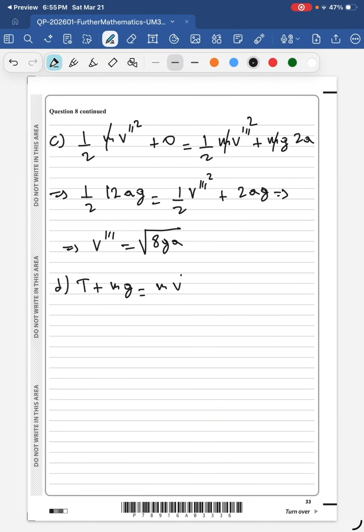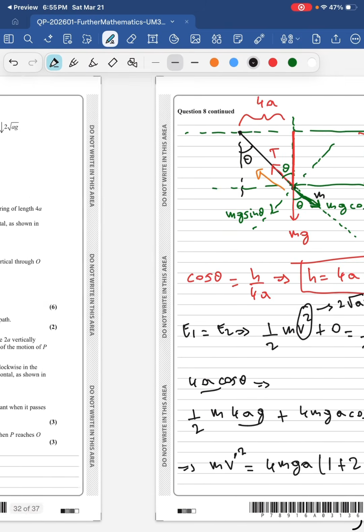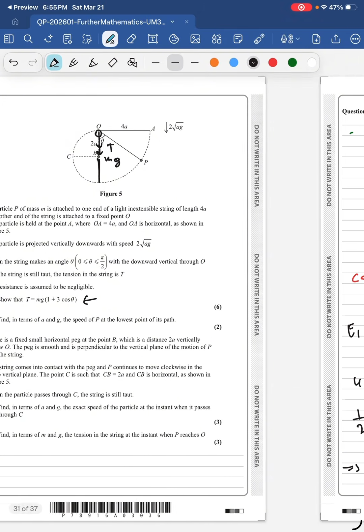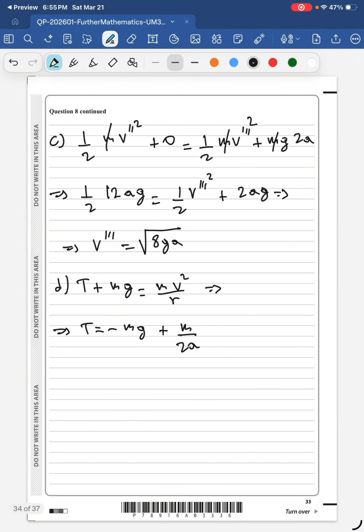So T is going to be minus mg plus m over 2a times v squared. This changes now: r is 2a, because this radius becomes smaller, half of what it was before. And we take v to be 2 times the square root of ag. That's the velocity we started with.